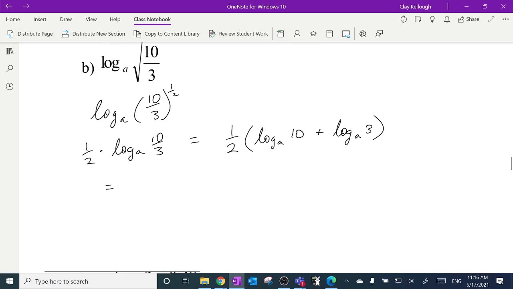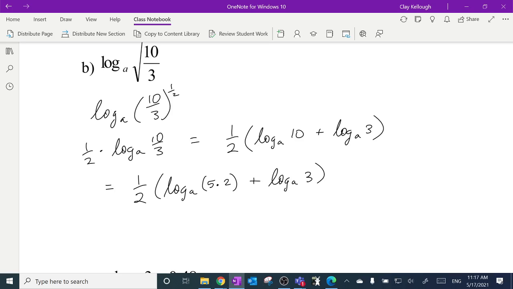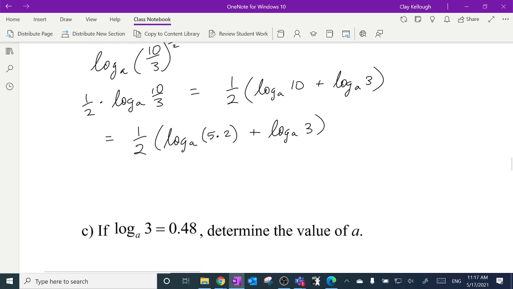And that, I don't know anything about 10, but I know 5 times 2. So that's like saying 1/2 times log to the base a of 5 times 2 plus log to the base a of 3. And finally, expand one more time. And that's log to the base a of 5 plus log to the base a of 2 plus log to the base a of 3.